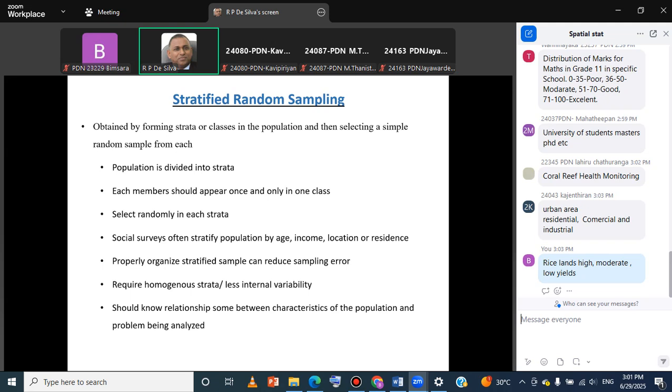So what is your strata? Not given, Lahiru Chaturanga. Kajentiran, urban area, residential, commercial and industrial. Not given the information properly. Bimsara, rice lands, high, moderate, low yields. For what purposes? Your purpose is not very clearly given. So what is your topic of the work and then how you do it?